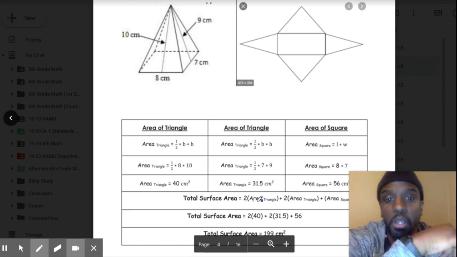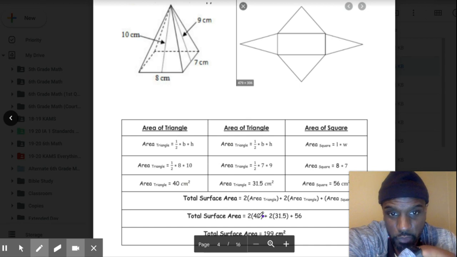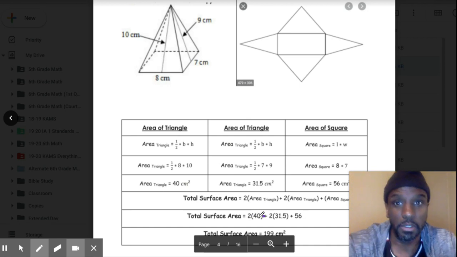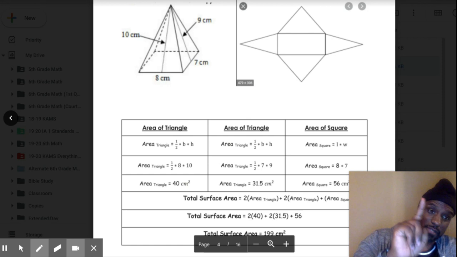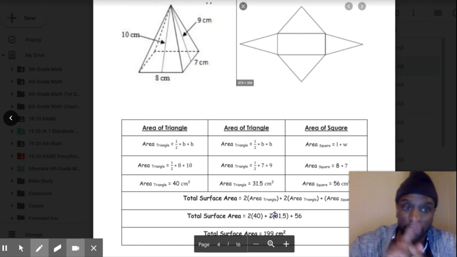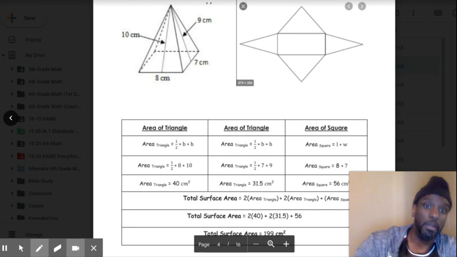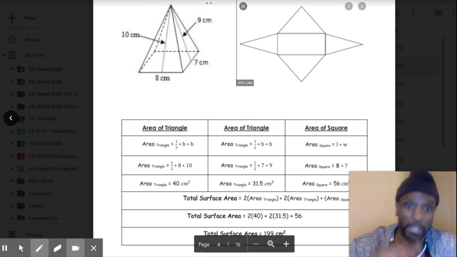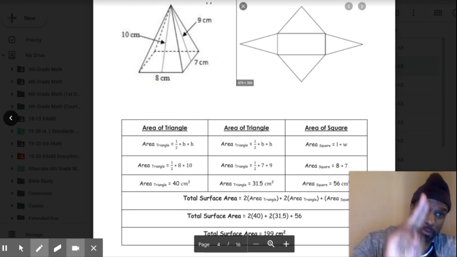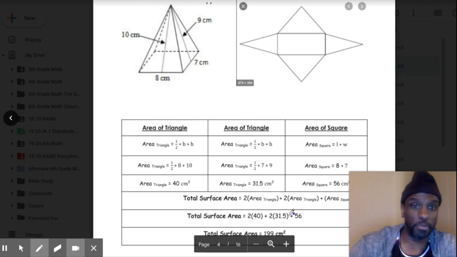So I have 2 times 40, the front and back triangle. The front is 40, the back is 40. I have two triangles with area 40. I have two triangles with area 31.5. So 2 times 31.5. And I have one rectangle with area 56.